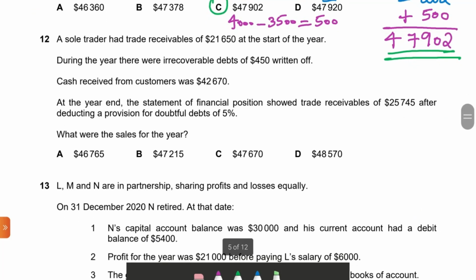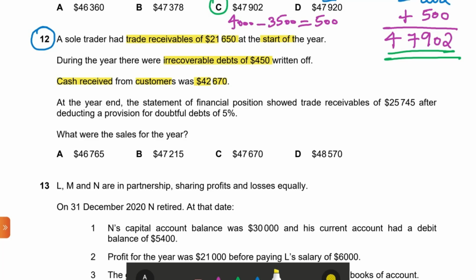Next, question number 12. A sole trader had trade receivables 21,650 at the start of the year. This is the opening trade receivables. During the year, there were irrecoverable debts, bad debt 450, and cash received from customers 42,670.